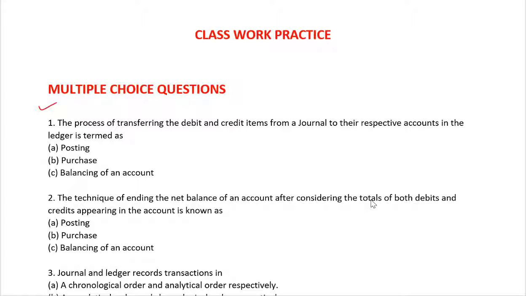The first question: the process of transferring the debit and credit items from journal to their respective accounts, accounts over here denotes ledger accounts, in the ledger is termed as: A. Posting, B. Purchase, C. Balancing of an account.